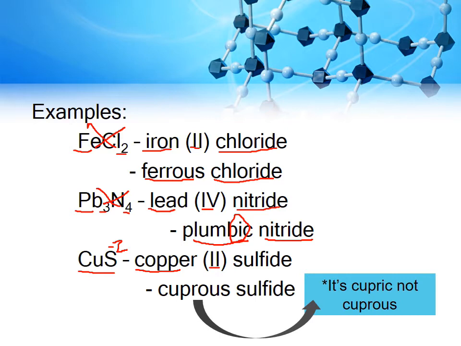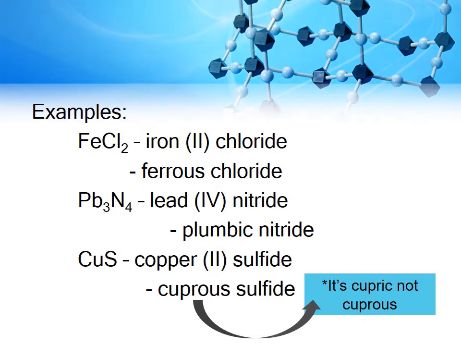Since there are no subscripts written beside copper and sulfur, we assume that copper here has an oxidation state of positive 2. Therefore, the name of this is copper(II), followed by the name of the nonmetal that ends in IDE, which is sulfide. We also know this compound as cupric sulfide.